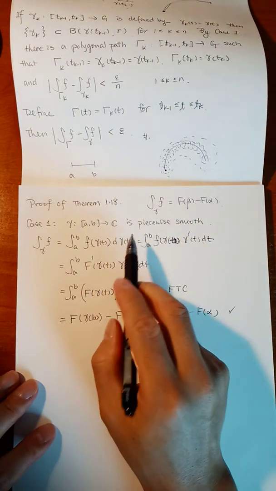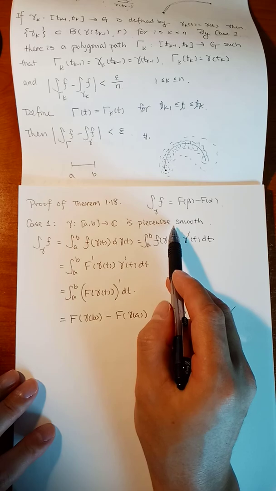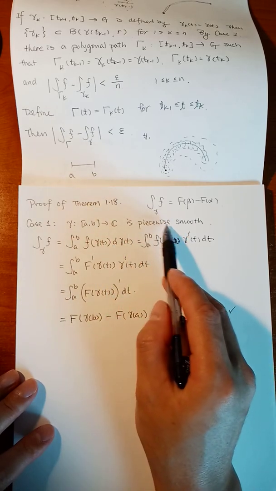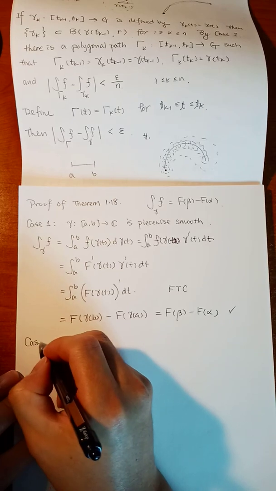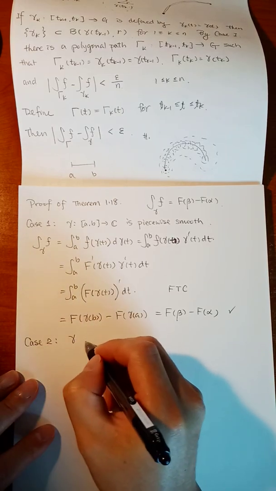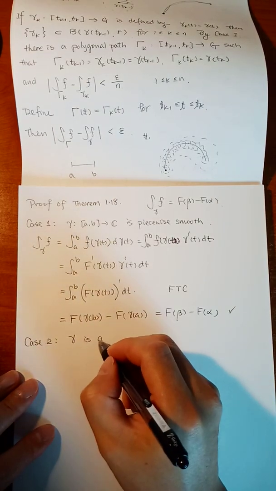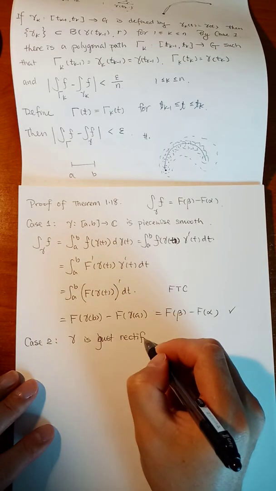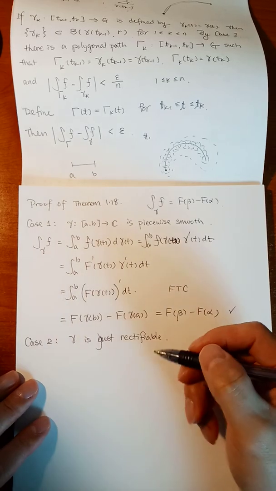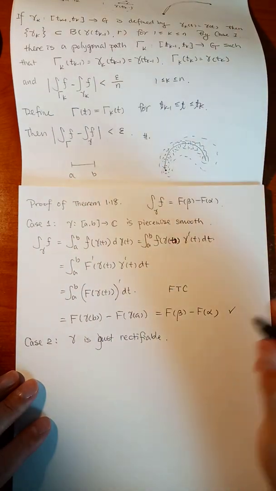That is when gamma is piecewise smooth. In the general case, gamma is just rectifiable.